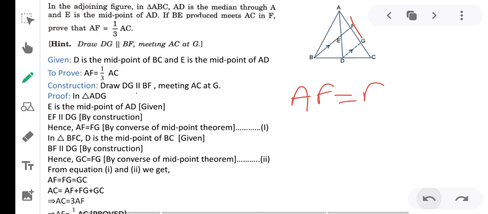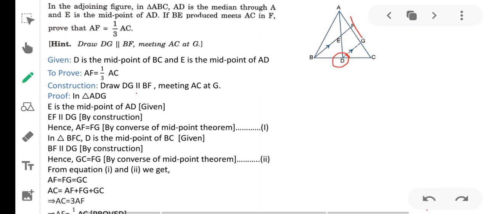Now in triangle BFC, D is the midpoint of BC because AD is the median. And by construction DG parallel to BF.